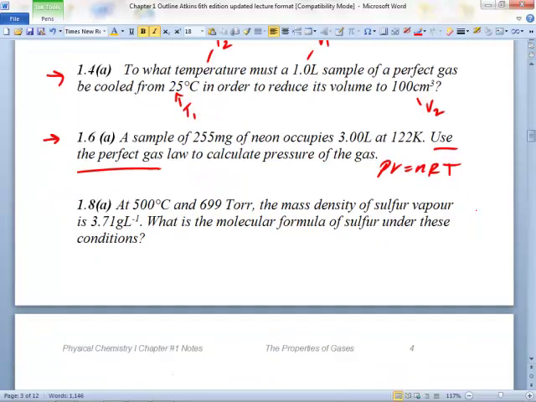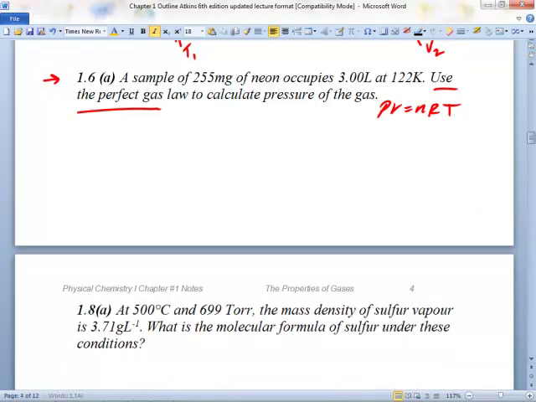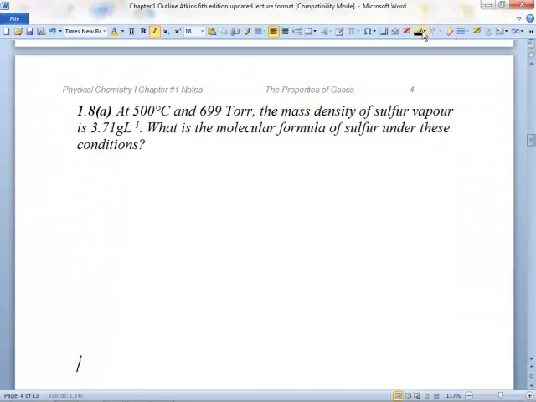How about... Oh, okay, now we're getting into something good. We got to do a little thinking on this one. At 500 degrees Celsius, I better start writing stuff down here. And 699 torr. See, I like listing things out like this because if you need to do any converting, you just convert it up there before you substitute in. It's kind of cleaner. The mass density of sulfur vapor is 3.71 grams per liter.